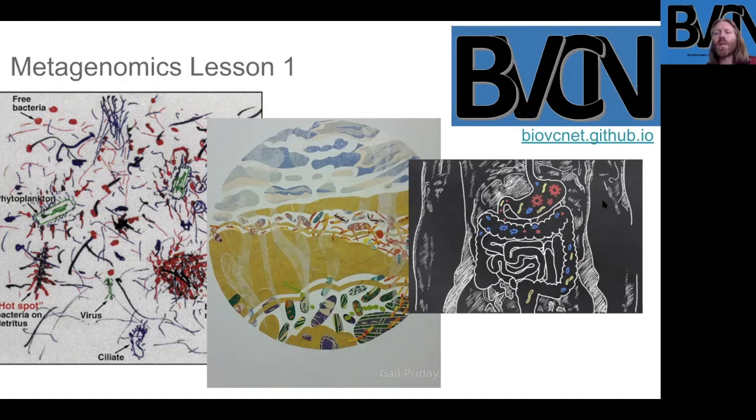One of the things that we want to do using metagenomics is, first of all, get an idea of what the organisms are there and what they're doing. Those are the two main questions we ask and answer using metagenomics. So hopefully this will help you get started in asking and answering those questions.